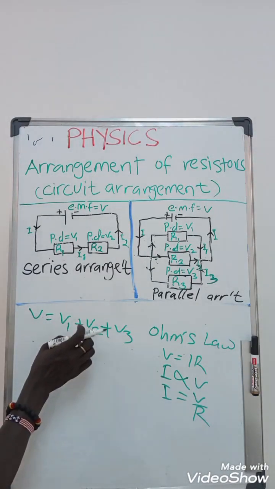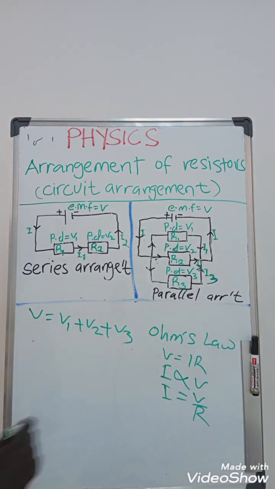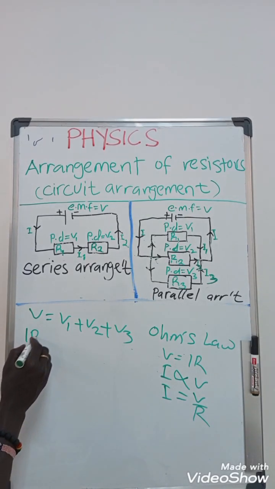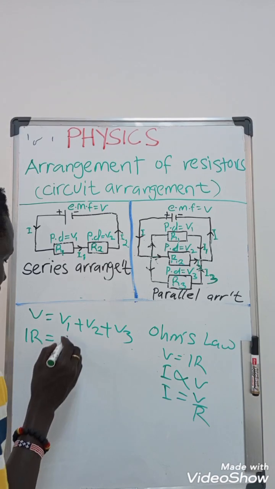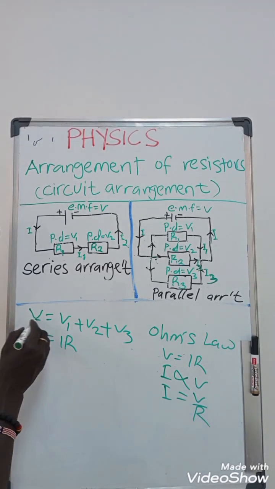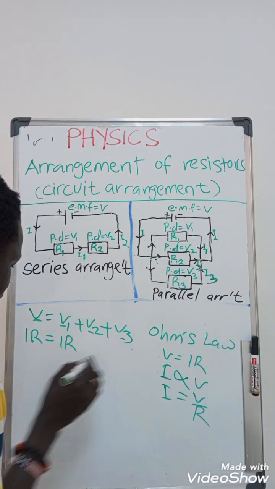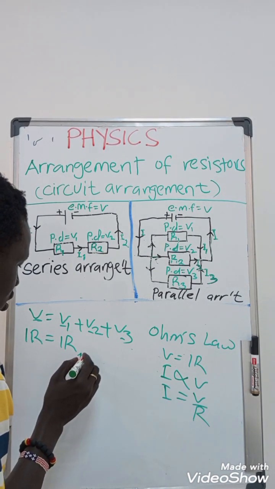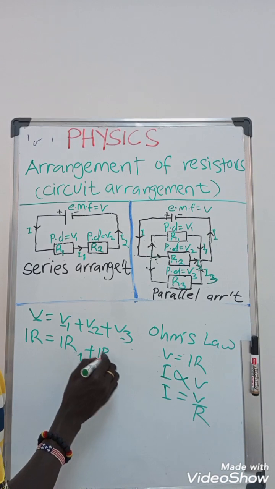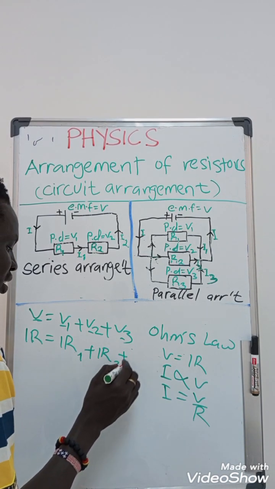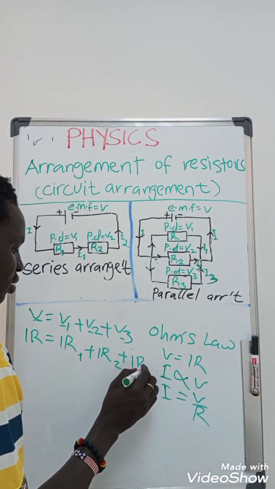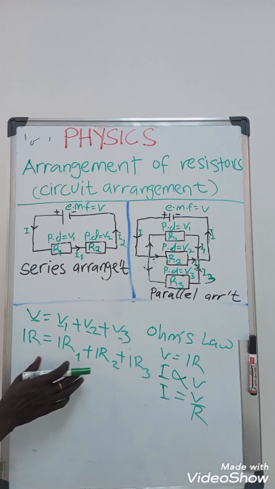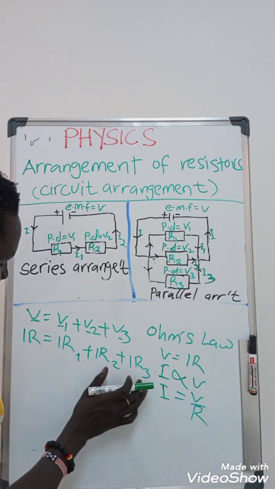Instead of writing V is equal to V1 plus V2 plus V3, we are going to say IR is equal to IR1. We are substituting V. IR is equal to IR1 plus IR2 plus IR3. From here, we have a common factor.